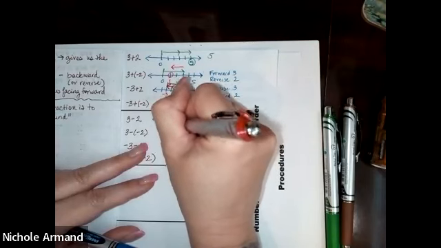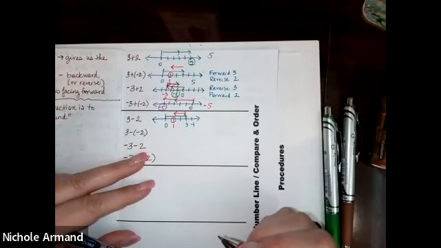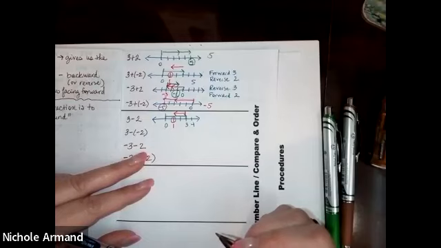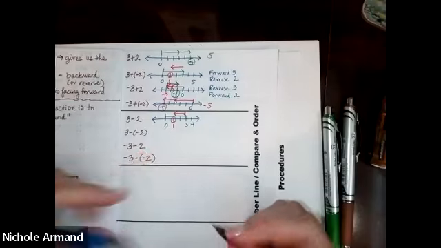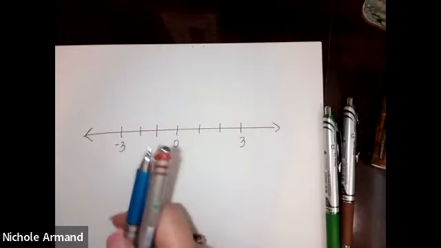And that's how we end up at 1. So this could be 3 plus negative 2, just like before.